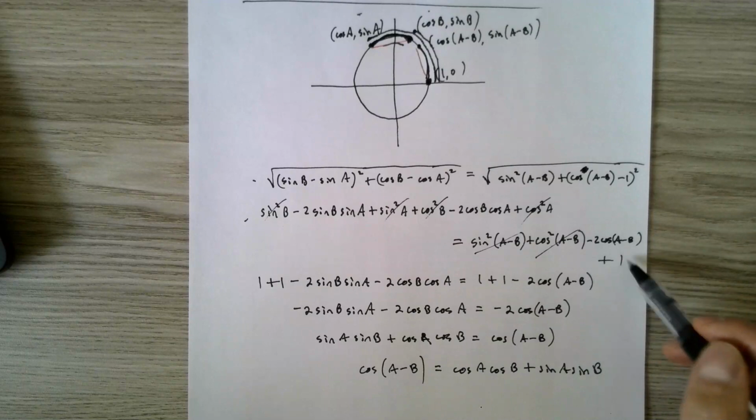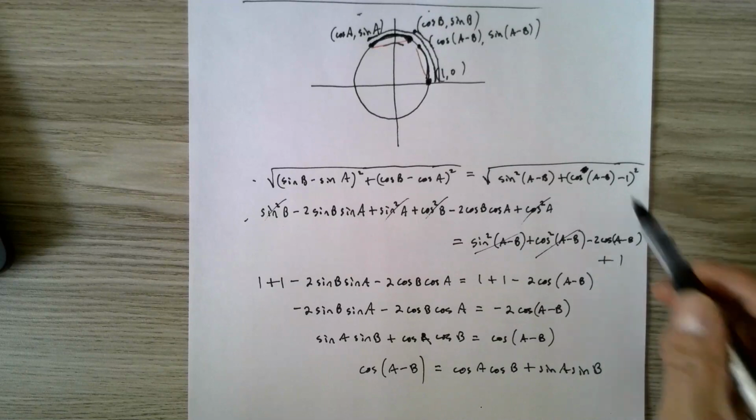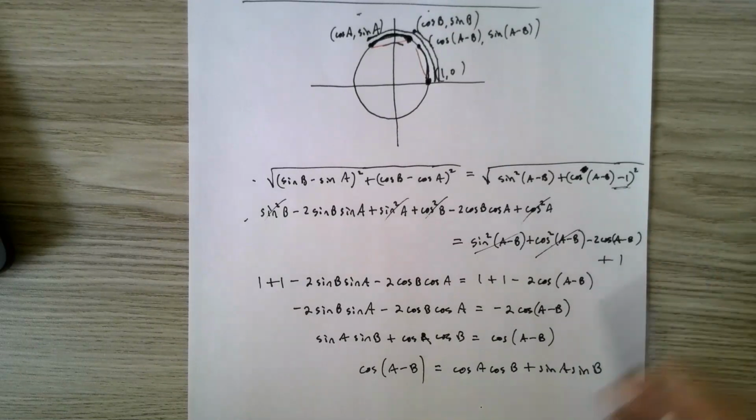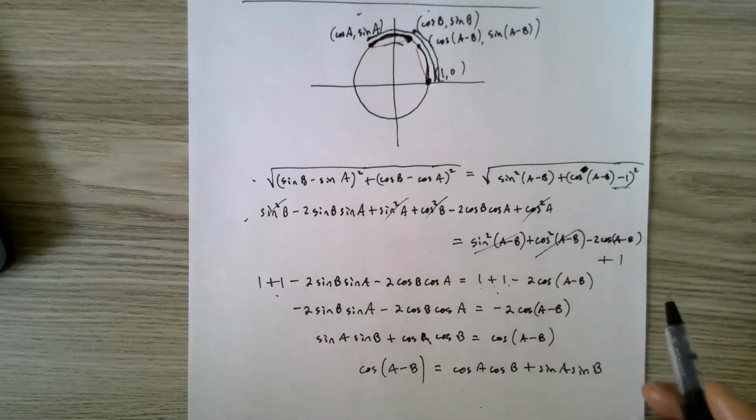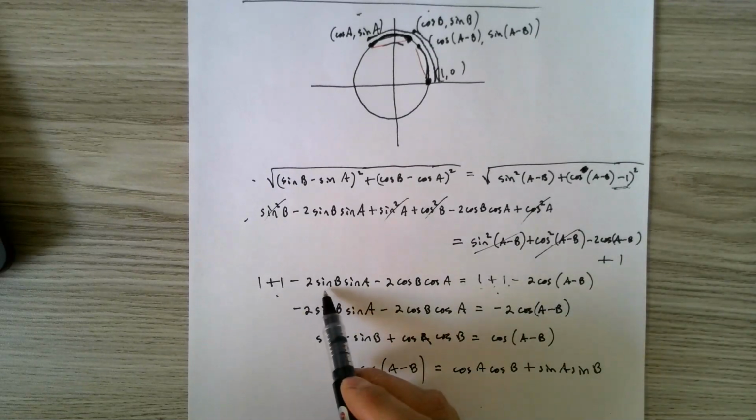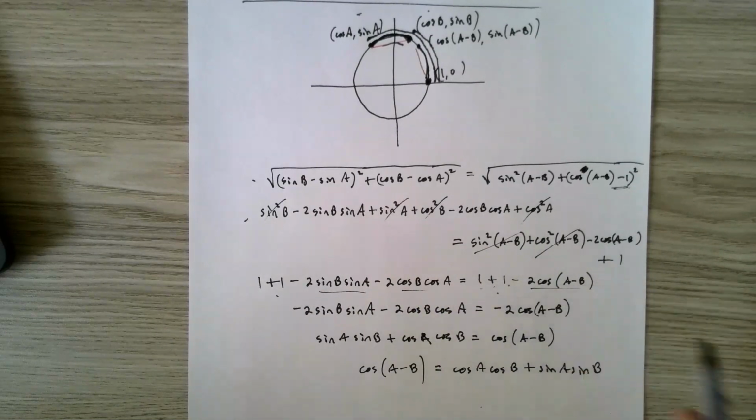I already have a 1 here, which came from the squaring here, so I have another 1 plus 1. So those are going to go away. And then I have these 3 big terms left.